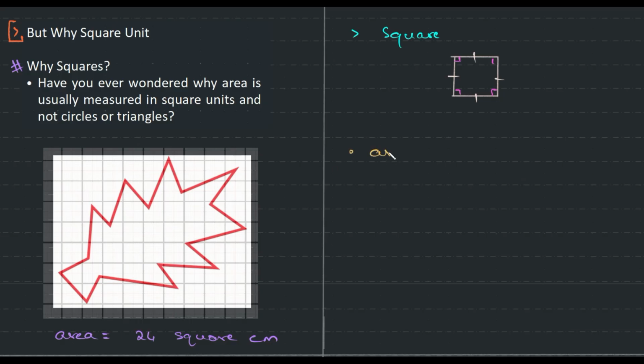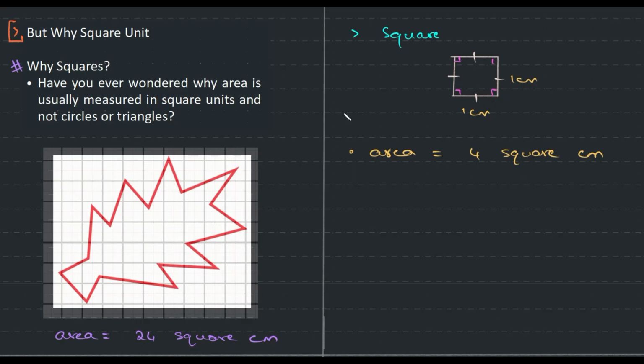So if someone tells you the area of some structure is say 4 square centimeter, and say this is 1 square centimeter. Okay.